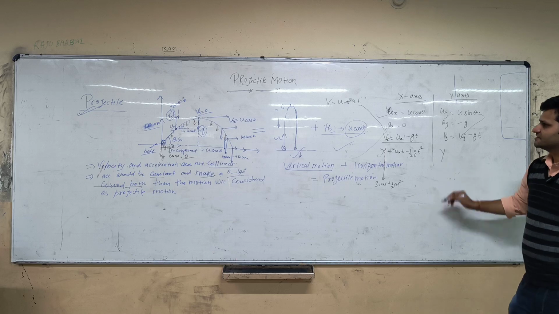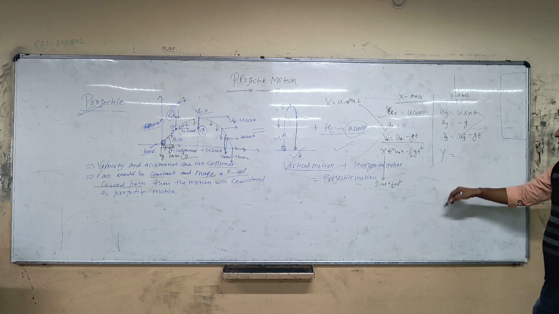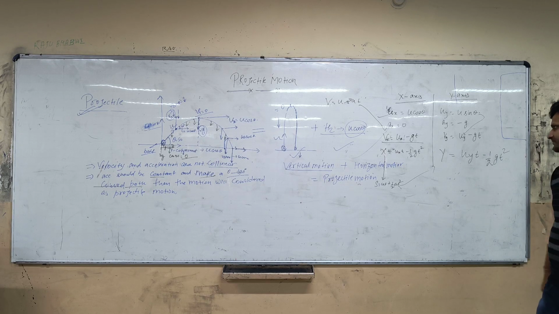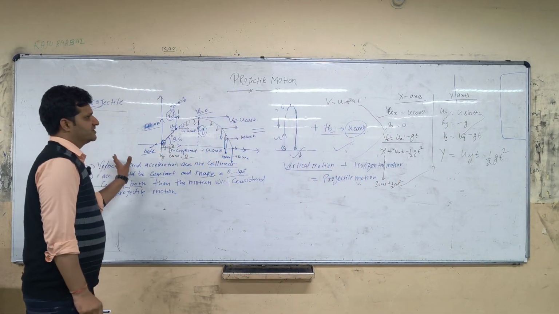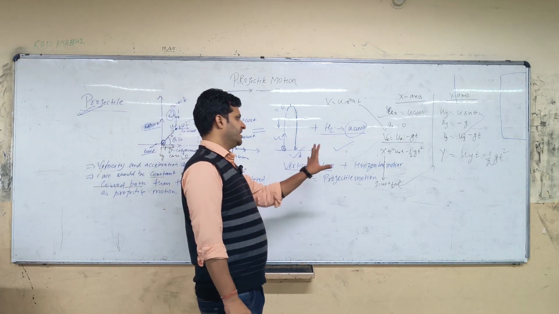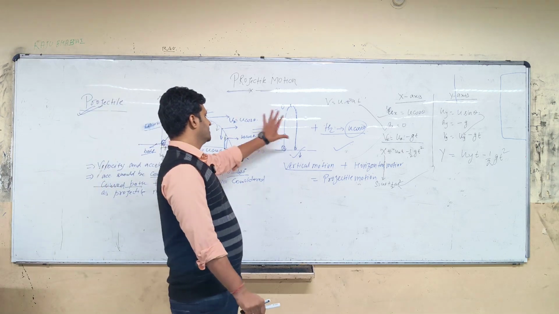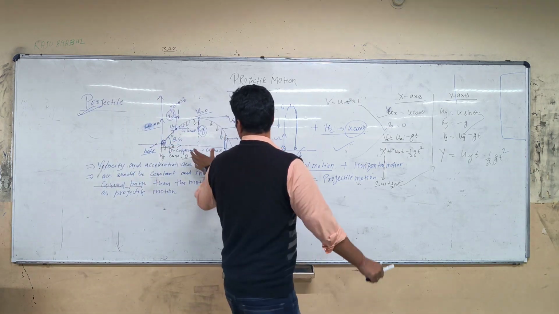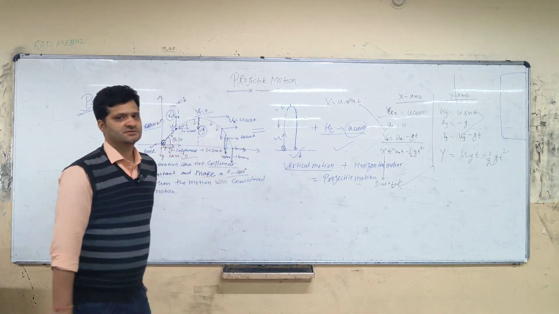Next, y, that is how much distance is covered, we will use the same concept here also. You will get uy t minus half g t square. In this way, you can calculate the values with respect to the x-axis and y-axis. Why are we going to calculate this? Because these are the components by which you can get the basic idea of the projectile, and it will be helpful for your calculation, together with your concept.